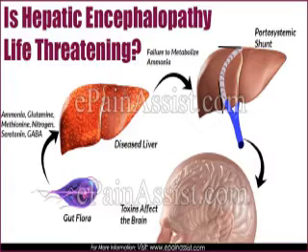Avoid alcohol, paracetamol and other hepatotoxic agents. Avoid sedatives such as benzodiazepines and drugs that impair coagulation system.